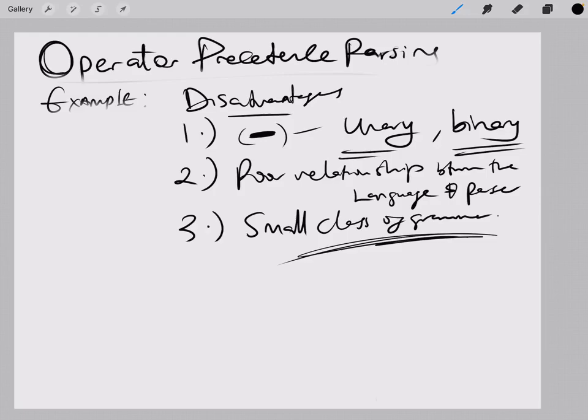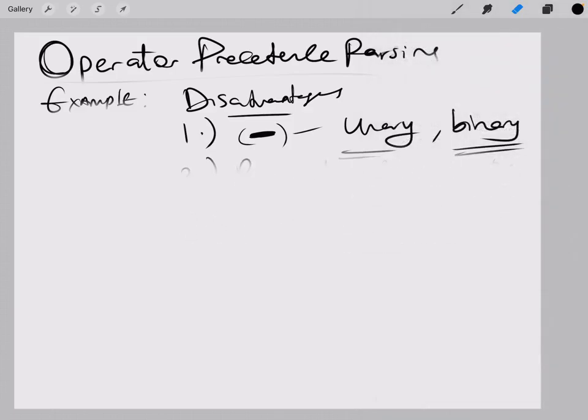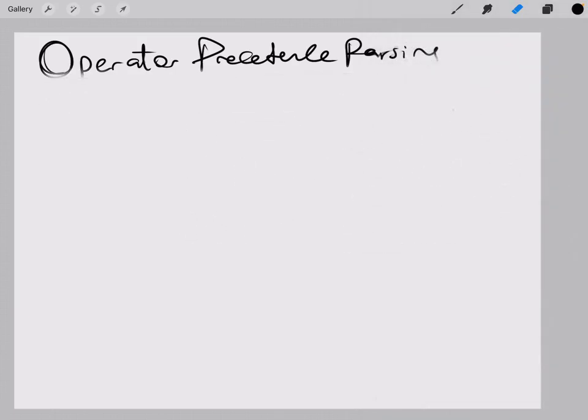Now we have to talk about how this operator precedence works. How does it work? Now we have to consider the following precedence symbols. There are some relations rather that we have to consider. We have to consider this, we have to consider this guy, and we have to consider this. And this is not less than, equal to, greater than. That's not what's going on. Since we are talking about operators, we need operands, right?